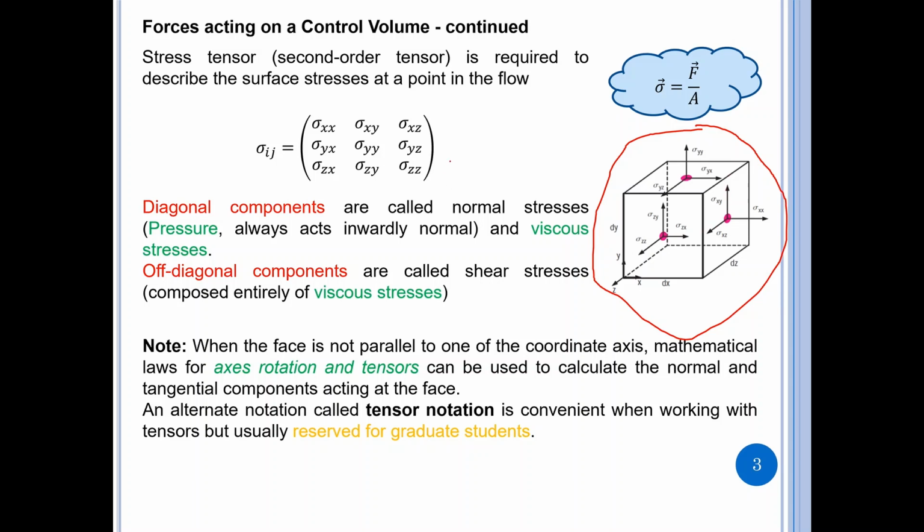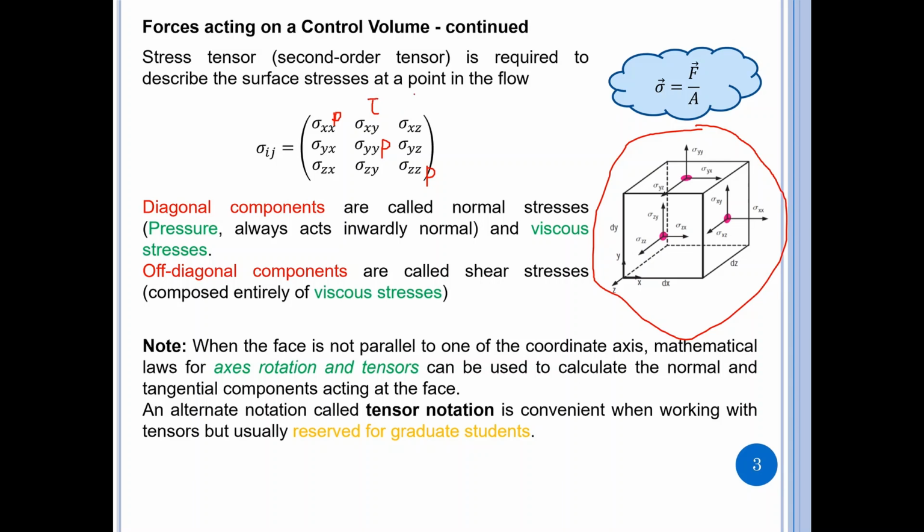In terms of a tensor, it is shown here. We have discussed in the class that the diagonal components are the normal stresses, which are also known as pressure, while the off-diagonal components are known as shear stresses, or you can call them viscous stresses as well.